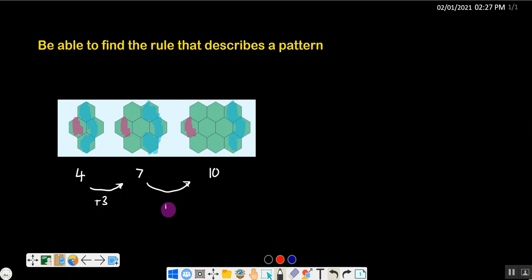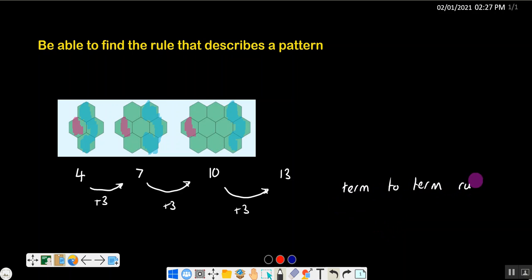So add 3, add 3. So even without drawing the next pattern, I know the next one in the sequence will be 13 because we add 3. Yeah? Exactly. Super.